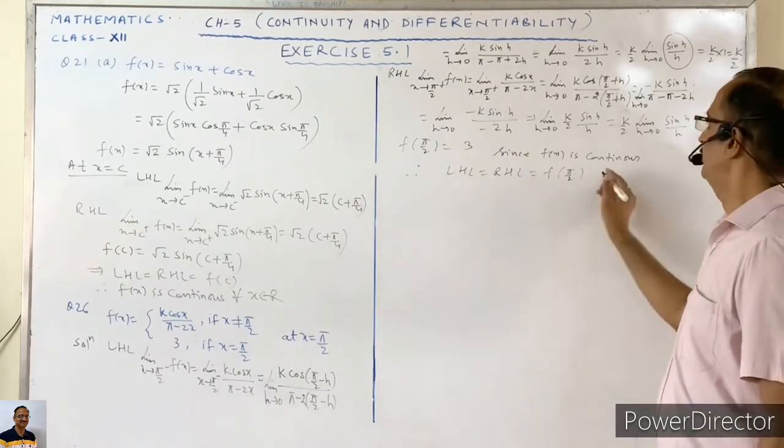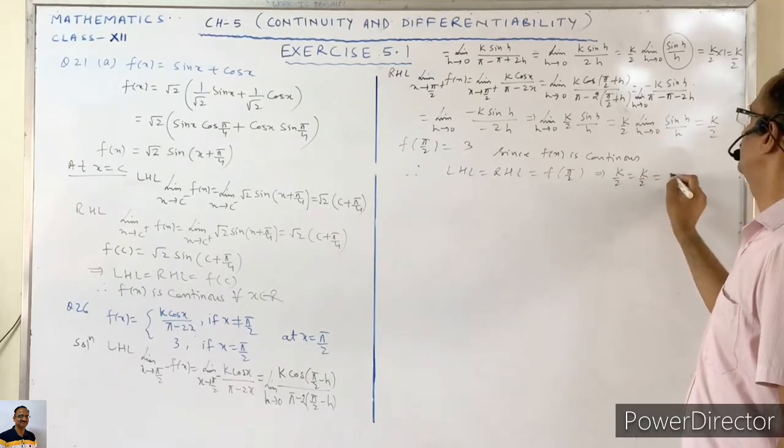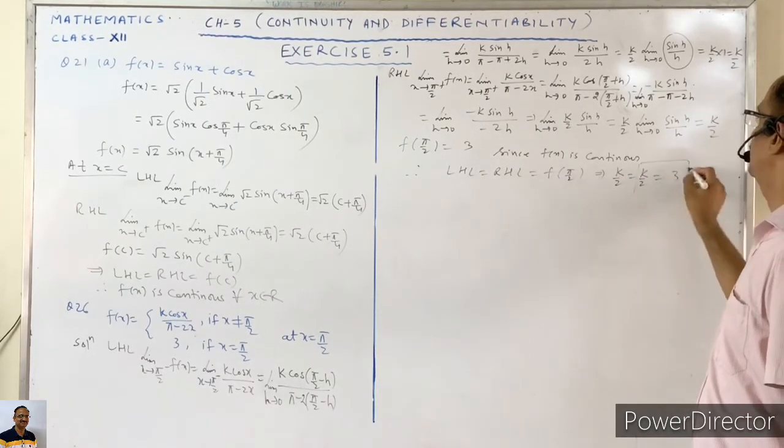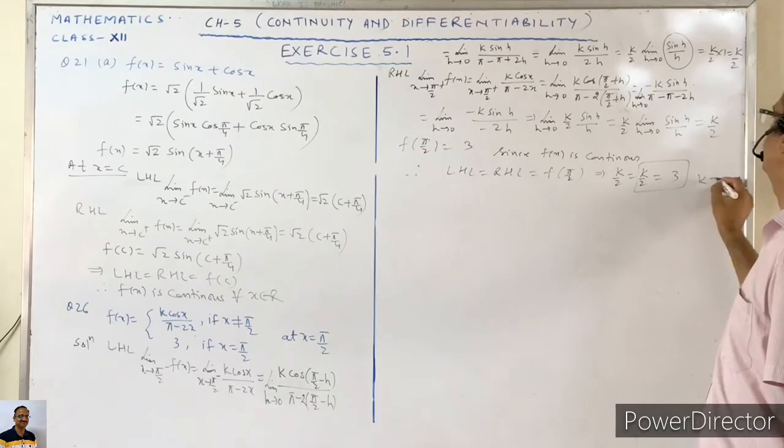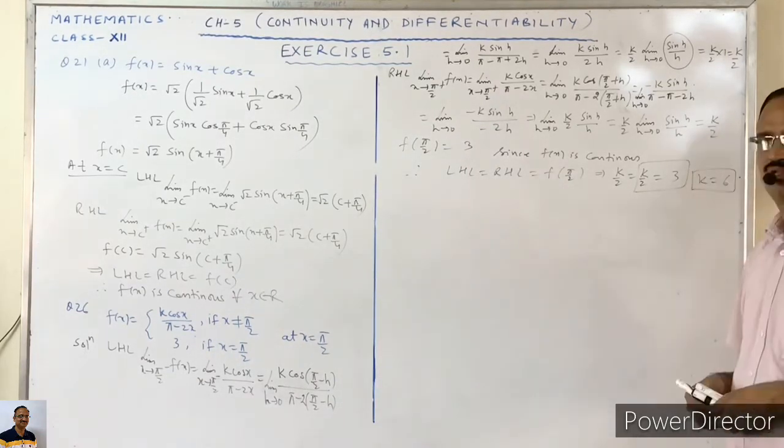Now these two are equal. So the values are k by 2, and this is 3. So when we consider this, then the value of k is what? 6. Hence the value of k is 6.